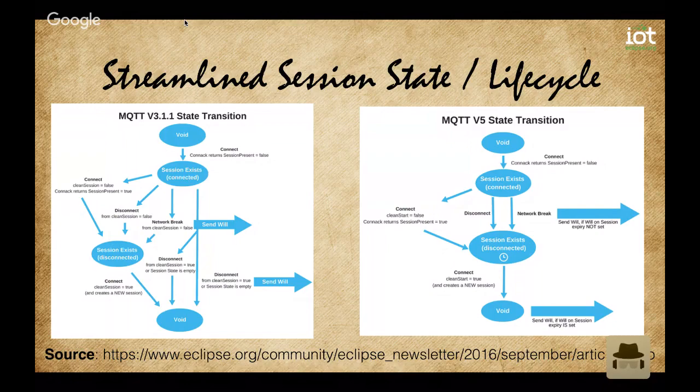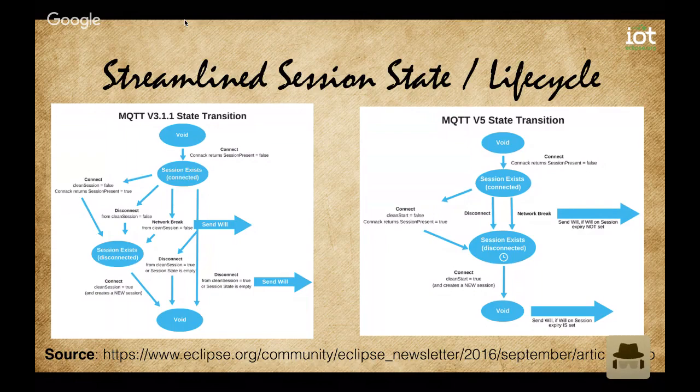It's a lot more streamlined and easier to grasp how a session state should change when specific events occur, like network breaks, disconnections, connections, and so on. On the right side, the streamlined state machine is pretty easy to implement on the broker and on the client side.